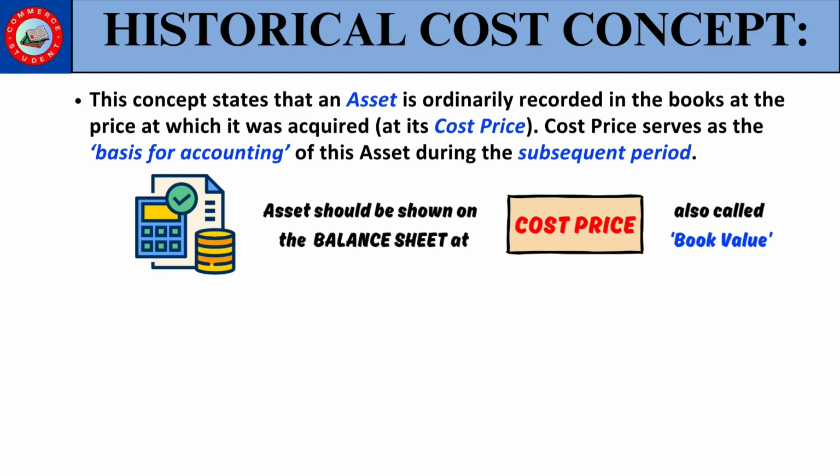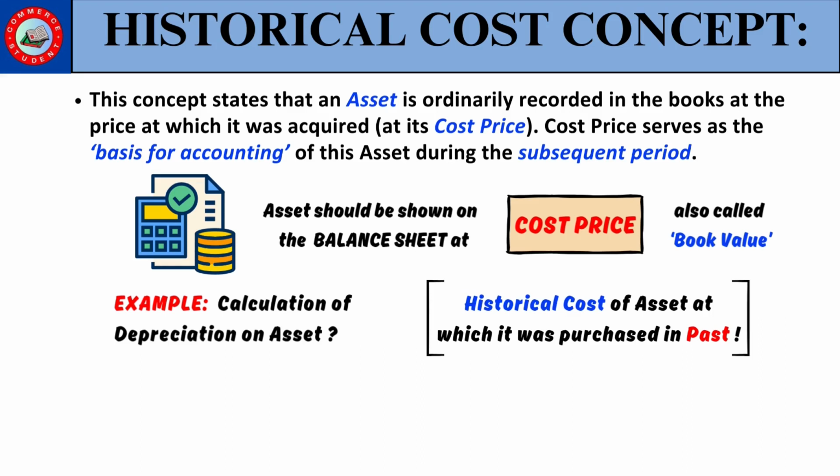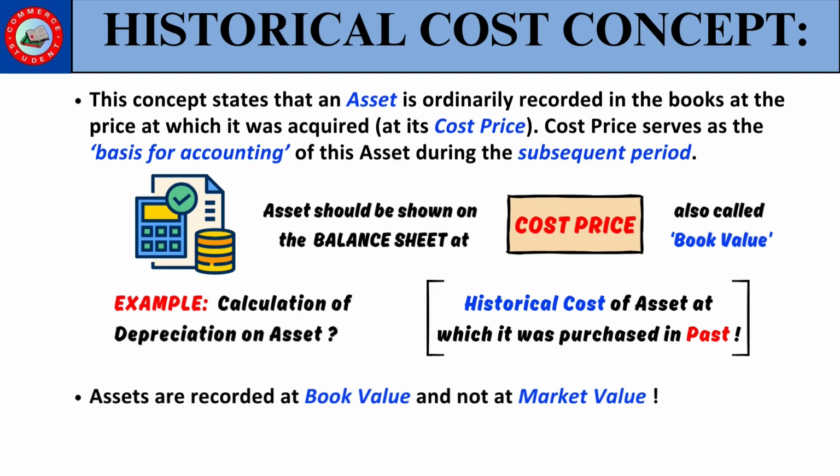For example, in case of calculating depreciation on asset, the amount of depreciation calculated is based on the cost of asset, which is recorded in books, and not on its current market value. So it's important to note that assets are recorded at their book value, which is their cost price, and not at their current market value, because market value keeps changing with changes in price level from time to time.